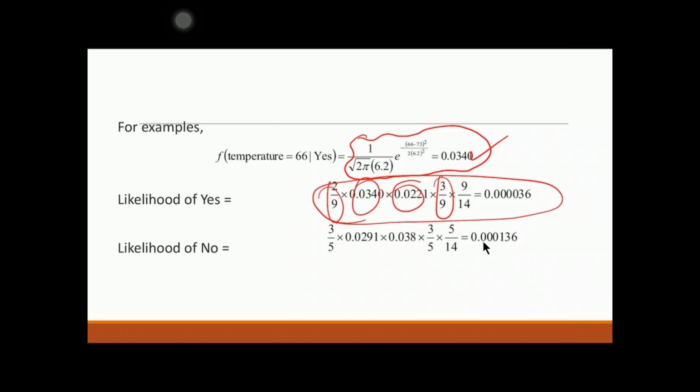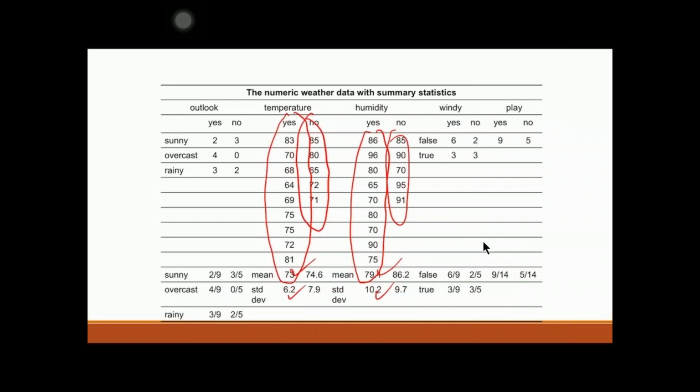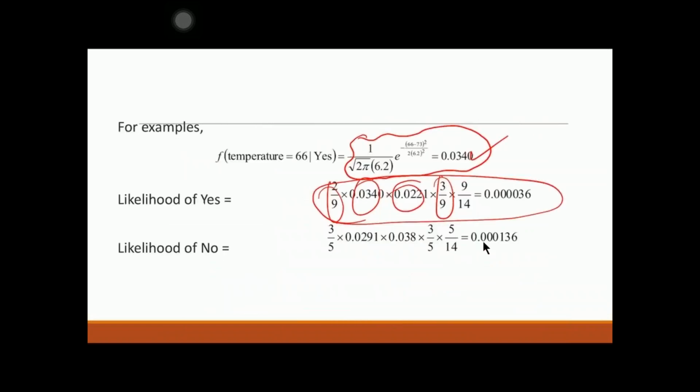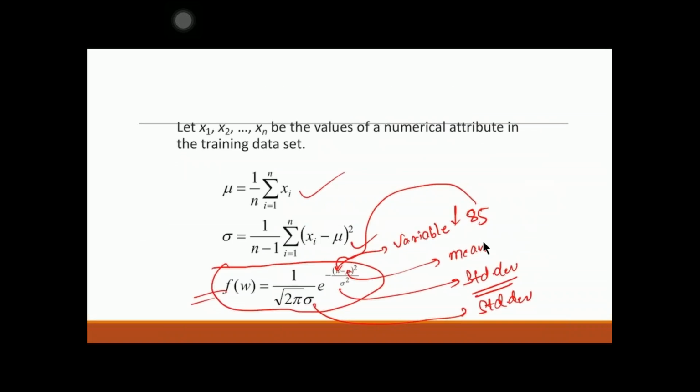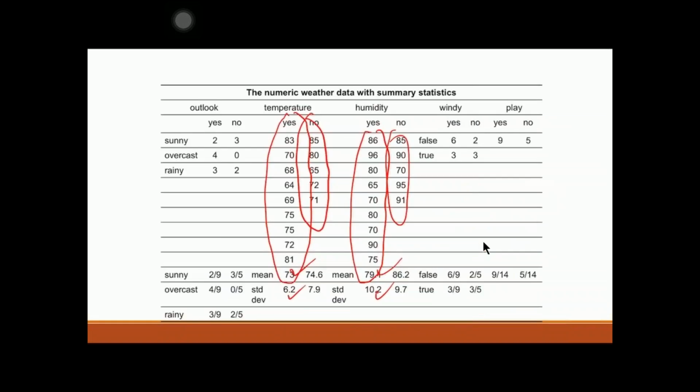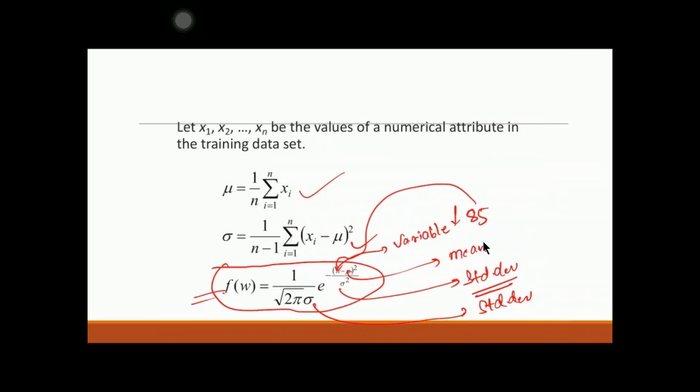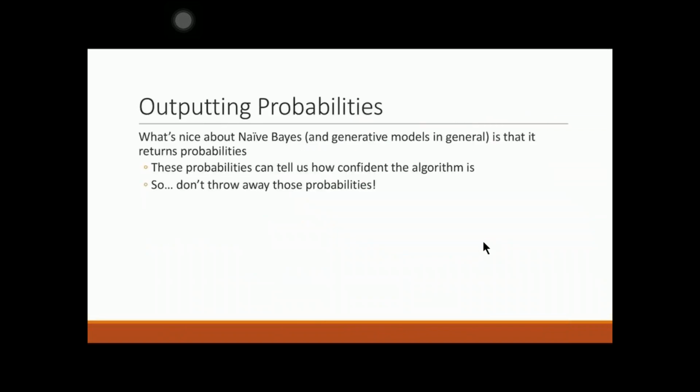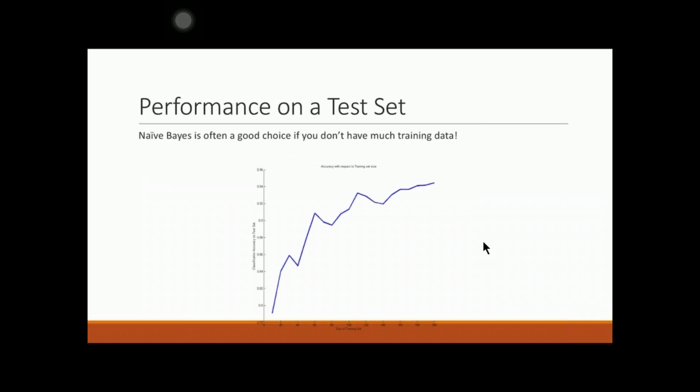So this is 0.0340, and similarly, if you do it for humidity, you get something like 0.0221, and then you get the answers. Okay, is it okay? Great. Naive Bayes is often a good choice if you don't have much training data.